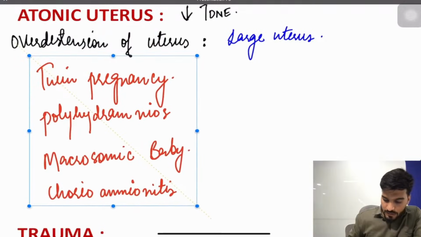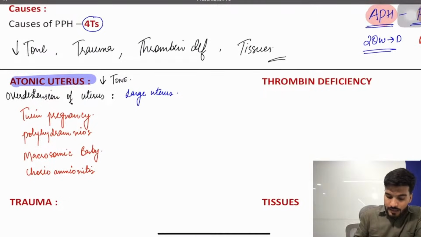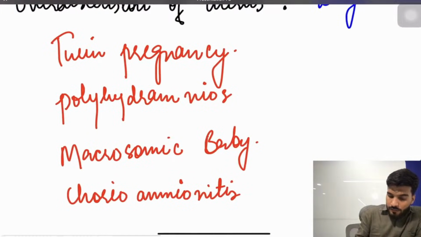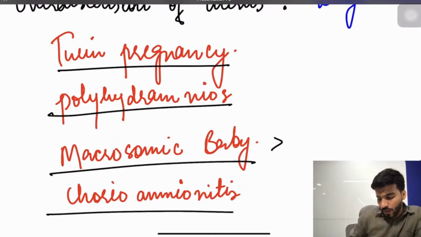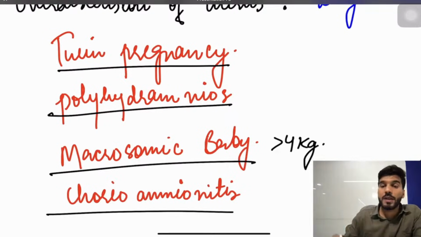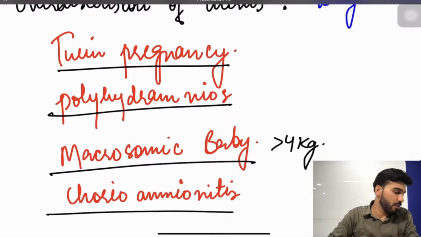Is that clear? These are all the causes of an atonic uterus. So we have twin pregnancy, polyhydramnios, macrosomic baby more than 4 kg, and chorioamnionitis. All these things will cause over distension of the uterus. When the uterus is big, the tone will be decreased. That tone is a cause of postpartum hemorrhage.